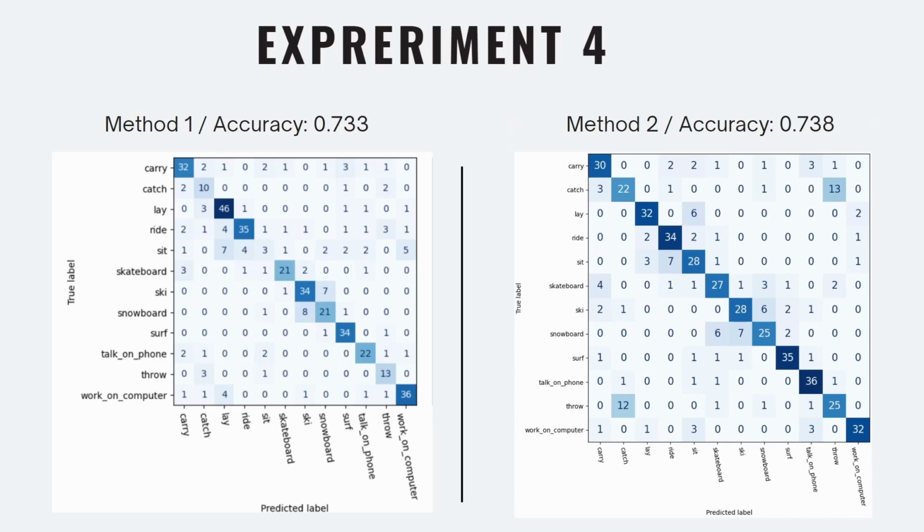In experiment 4, we want to train additional classifiers to classify some labels that are easy to confuse, such as ride and sit, skateboard and snowboard, catch and throw. However, the performance did not go as well as expected. We suppose that the classifiers trained by method 2 are not applicable, and in method 1, the model structure is changed and there are more misclassifications beyond what the classifiers can solve.